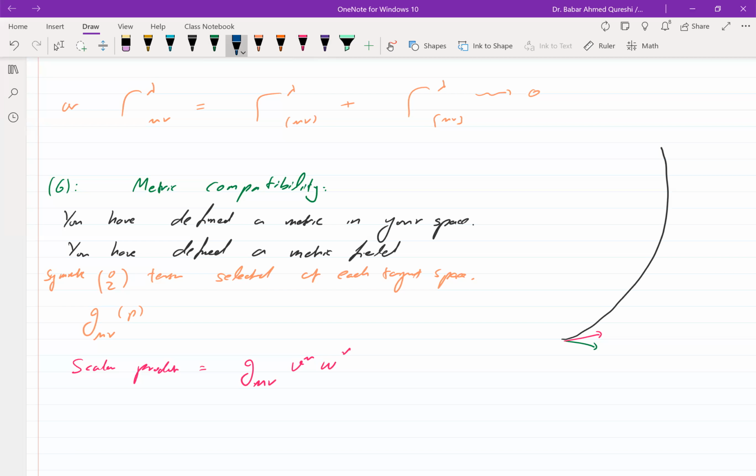Now suppose that these vectors are being parallelly transported along a curve. When you parallelly transport them, this guy goes here, and this guy goes like this. So suppose you further demand that when you parallelly transport two vectors along any curve, not one curve, along any curve, then your connection coefficients should be such that the scalar product should not change.